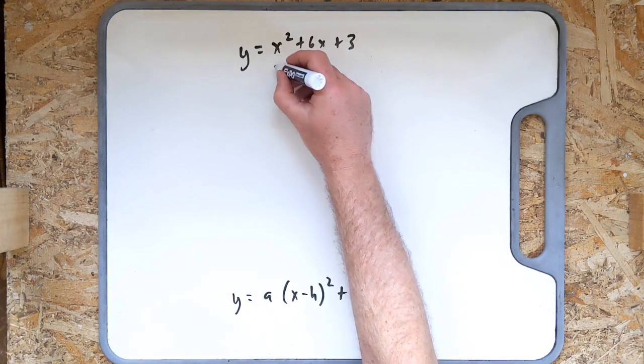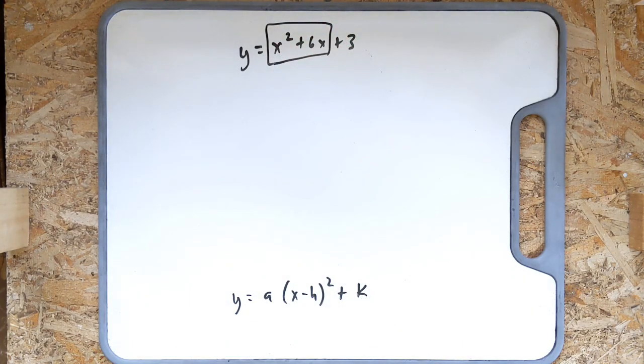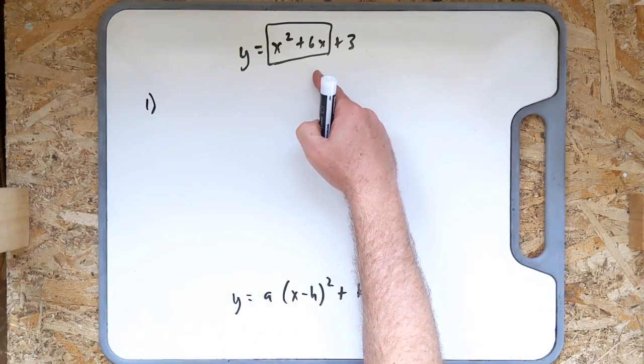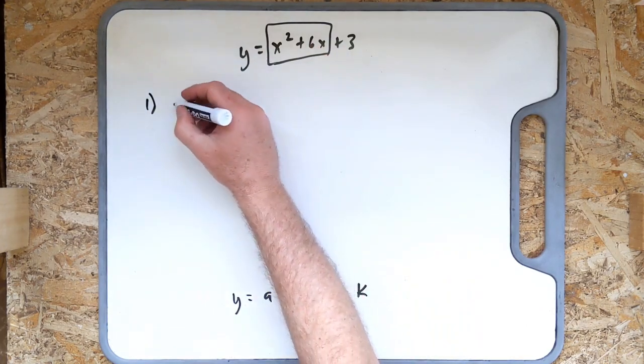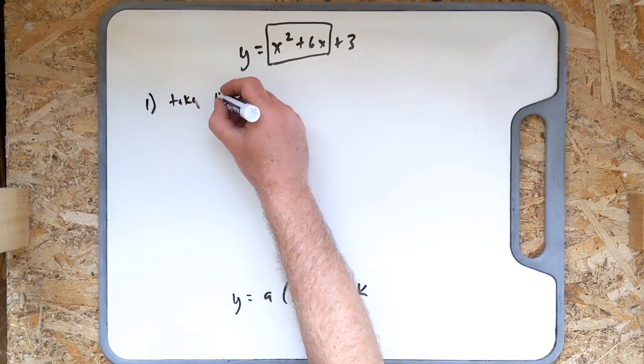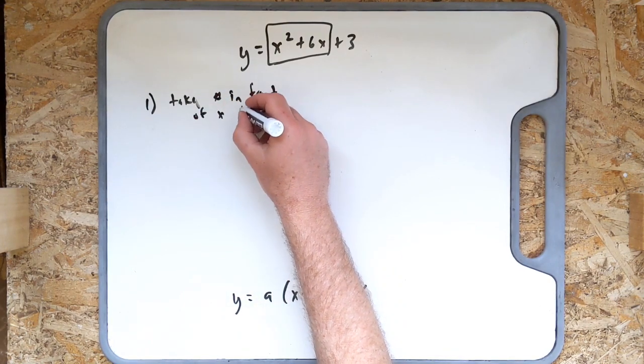So what I'm going to do is convert this part here, which is x squared plus 6x, to something which is more like (x minus h) squared. And the way you do that is a multi-step process. The first is you take the middle part, the number in front of the x, and divide by 2.